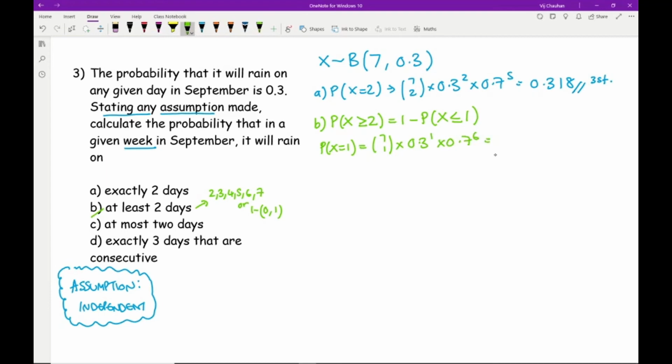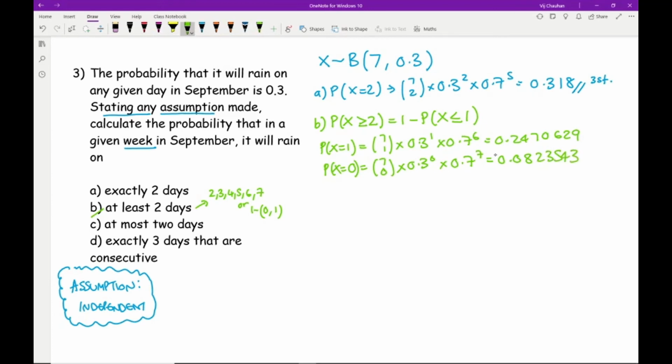If I type that into my calculator, I get 0.2470629. Then work out the probability that x equals 0. That's going to be 7 choose 0 times 0.3 to the power of 0 times 0.7 to the power of 7, and that gives me an answer of 0.0823543.